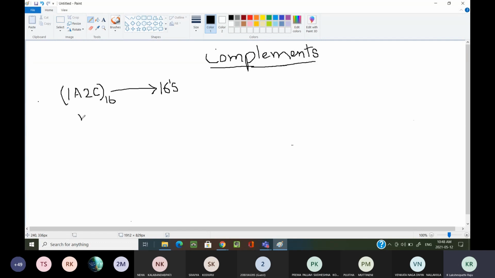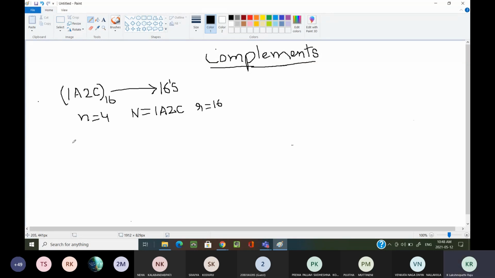Now, as usual, I am following the same procedure. Capital N equal to 1A2C, with 4 digits, so small n equal to 4, and R equal to 16.